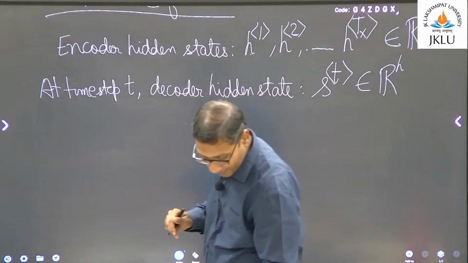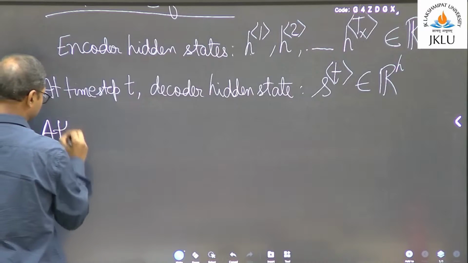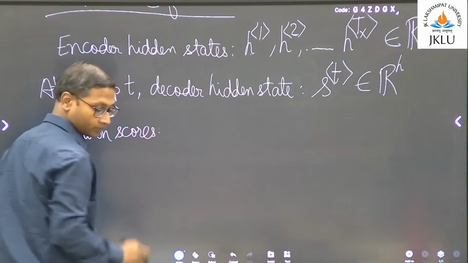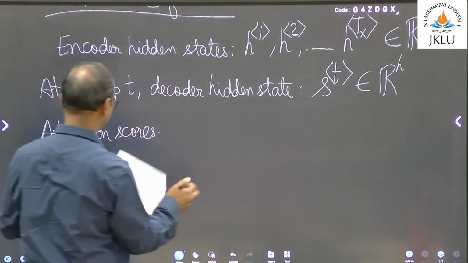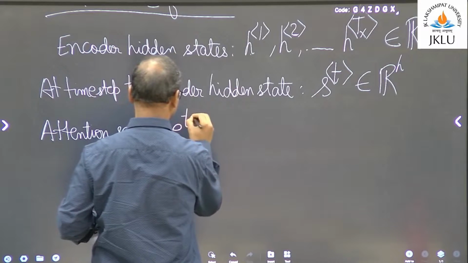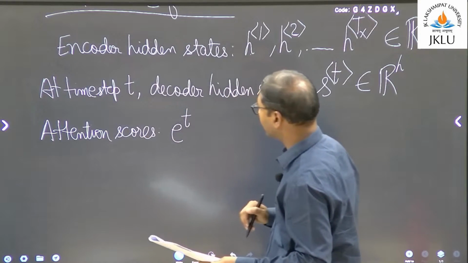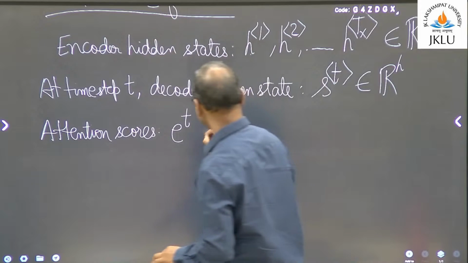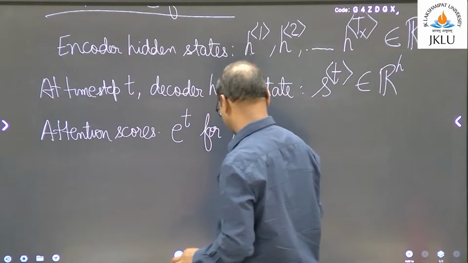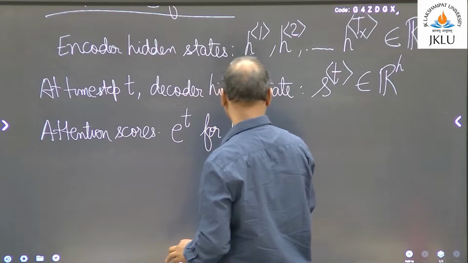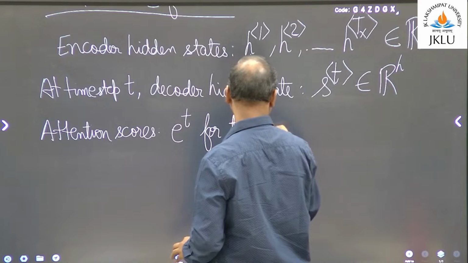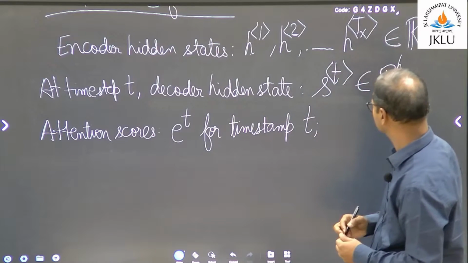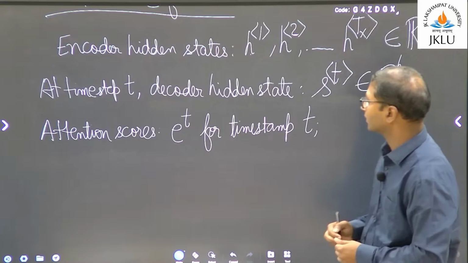So we get attention scores. Now, attention scores ET for this step. How do I write ET?